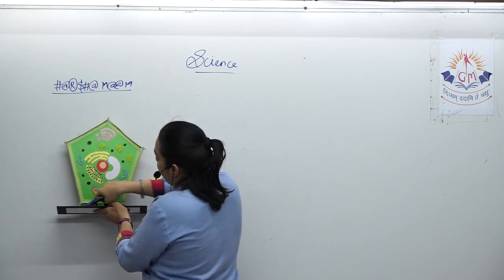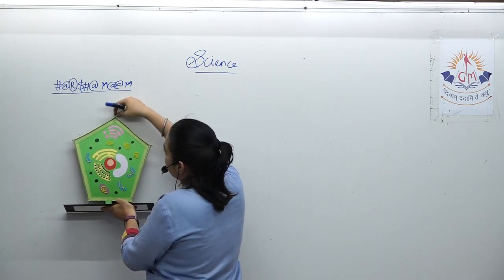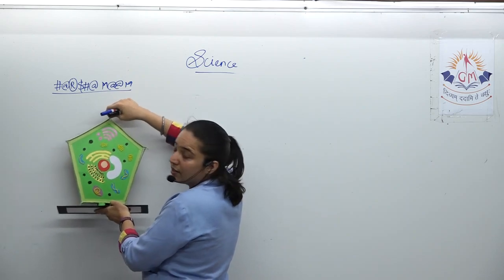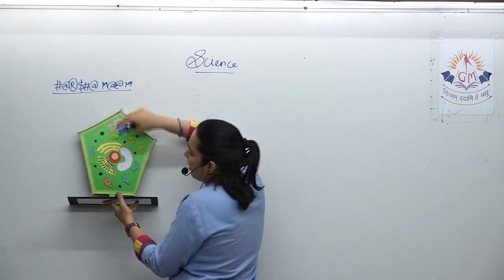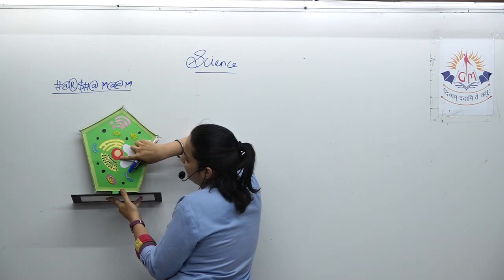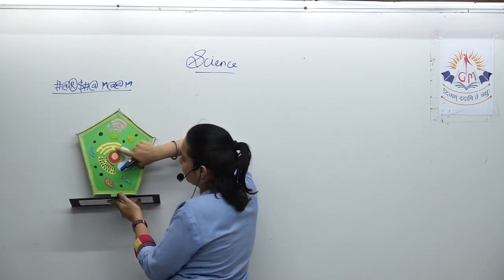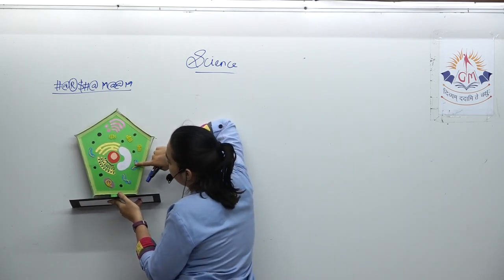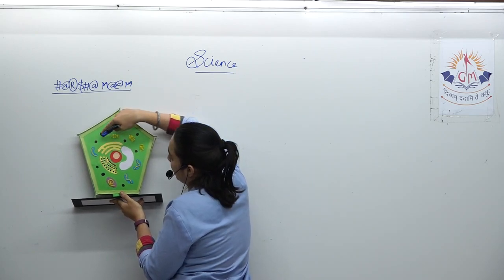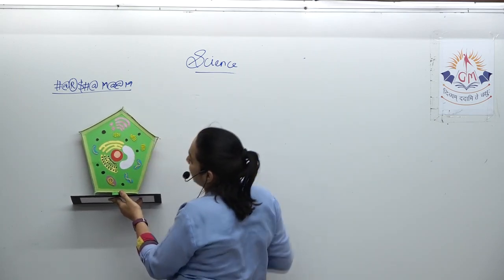This is the cell membrane and above it, it has one more layer, that is the cell wall. At the center you have the nucleus. Inside the nucleus we are also going to study what things are there, and the other things you can see over here.